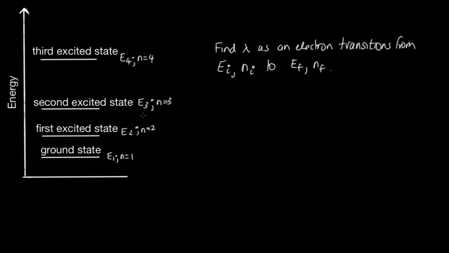We'll have it going down levels, so we'll have n final smaller than n initial, but we could use exactly the same method to get the wavelength of a photon it would need to absorb if it was going to jump up a level.